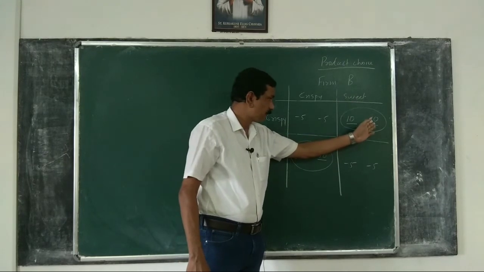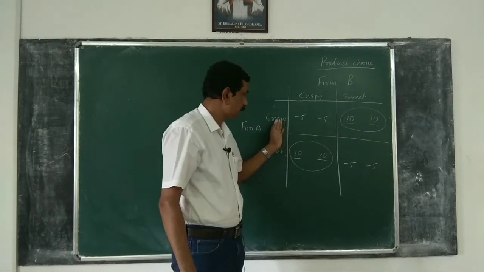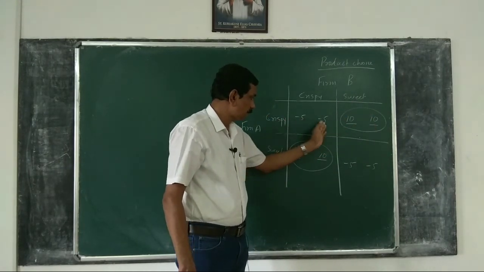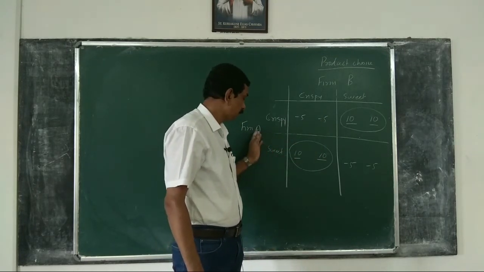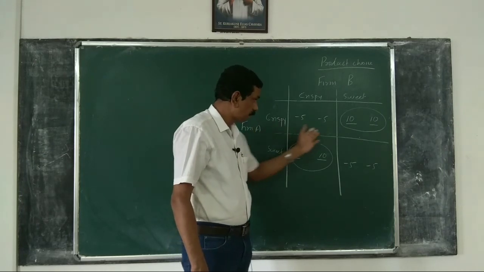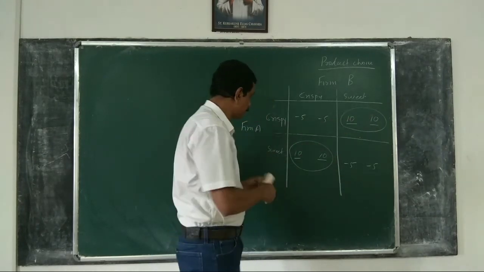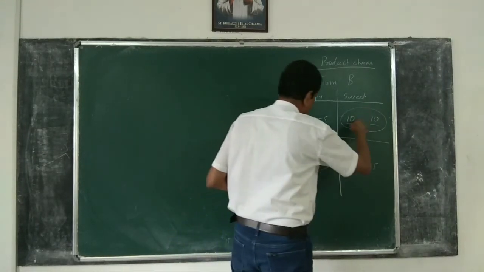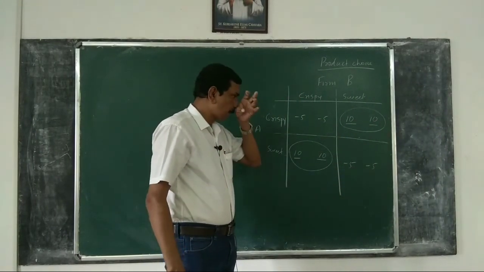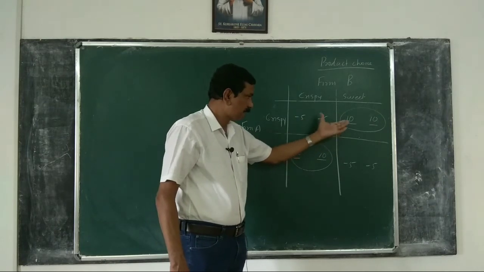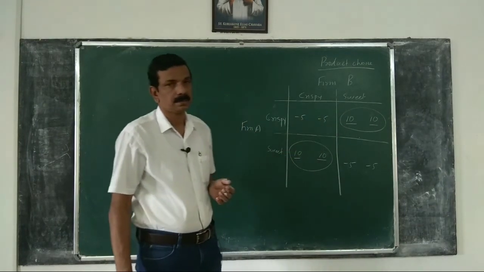Similarly, if B is producing sweets and A changes to crispy, again it loses money. If both of them are producing sweets or crispy, both will make profit. So neither A nor B has an incentive to deviate.